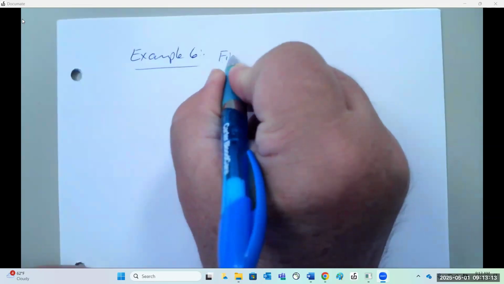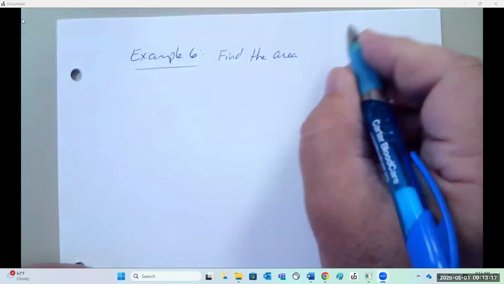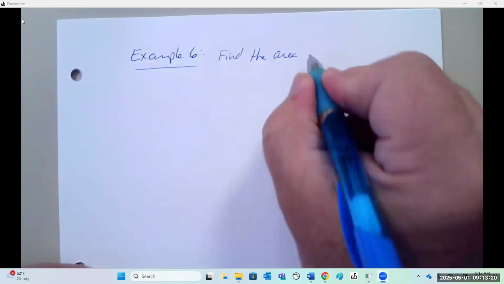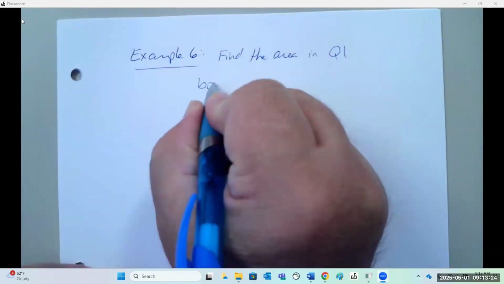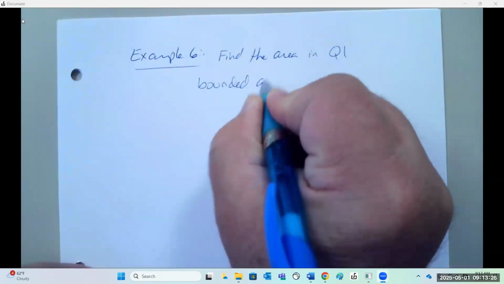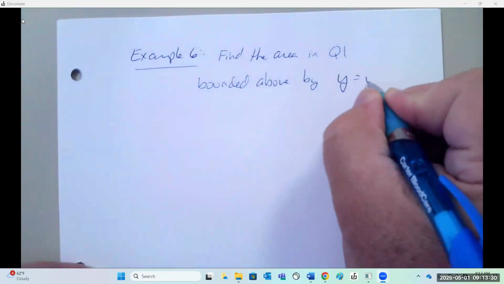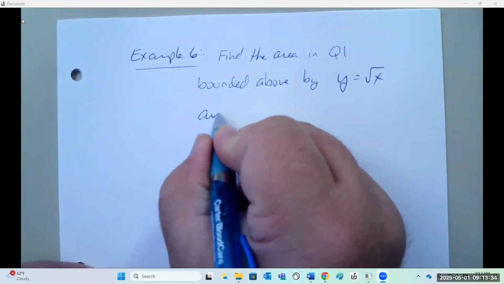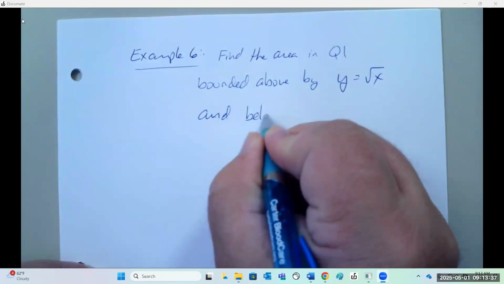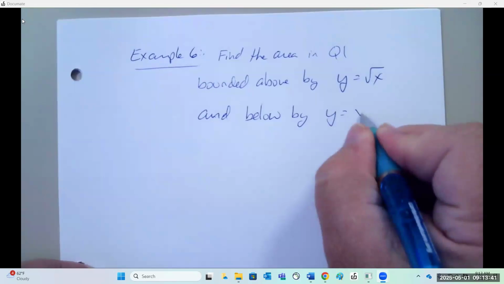Example 6. Find the area in the first quadrant, in Q1, bounded above by y equals radical x and below by y equals x minus 2.